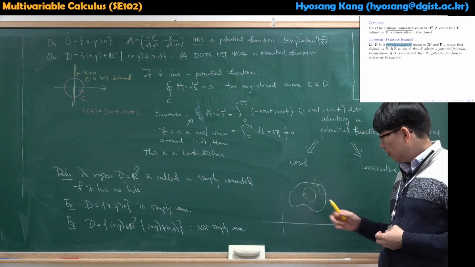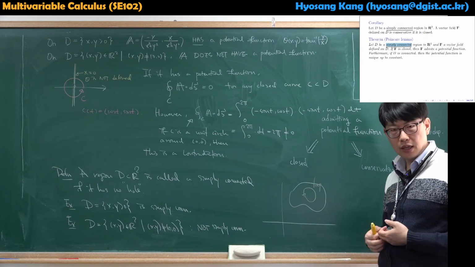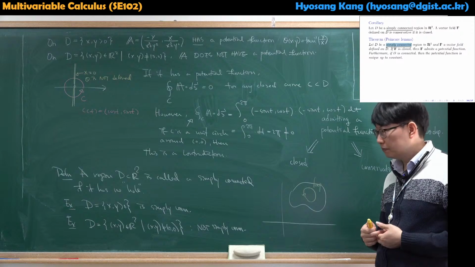If you can always shrink your loop into one point continuously inside of this domain, then it's called a simply connected domain.